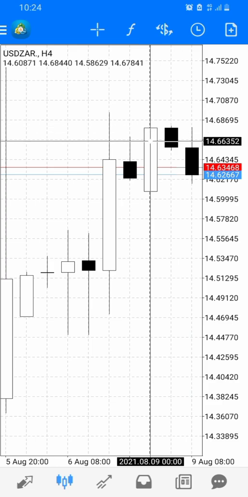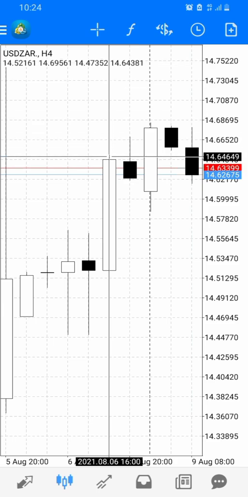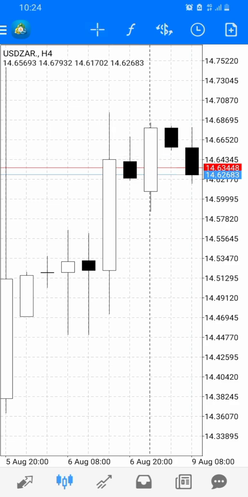It can be at 20, and then when the ZAR gains power, it will go down to maybe, let's say, 15. It's going down when ZAR, which is the rand, gains power.